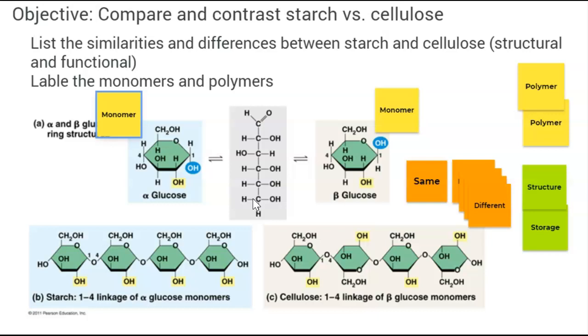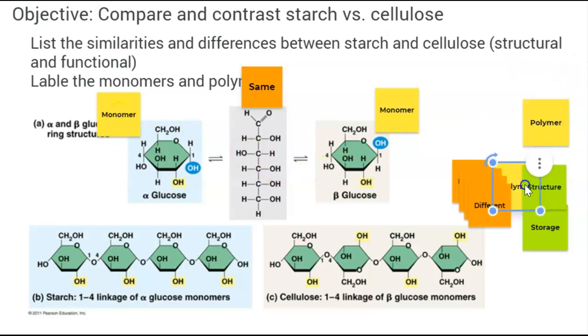So it changes the monomer. So we can have two different monomers, alpha glucose versus beta glucose, using the same linear structure. The linear structure for both of these is the same, but our ring structure for both of these is different. So just real quickly, those are the monomers.